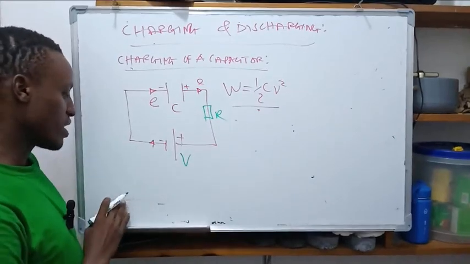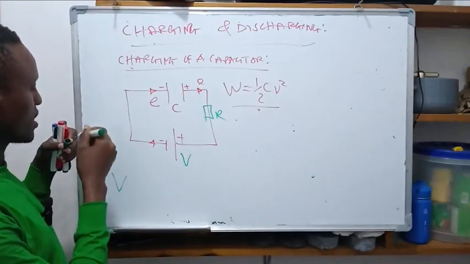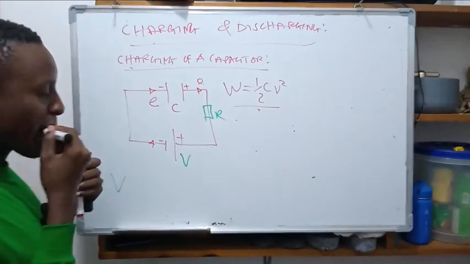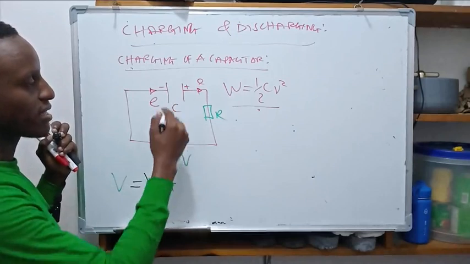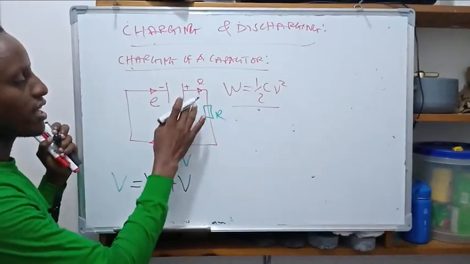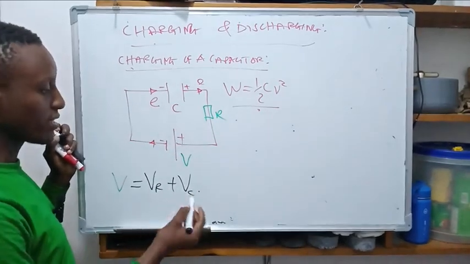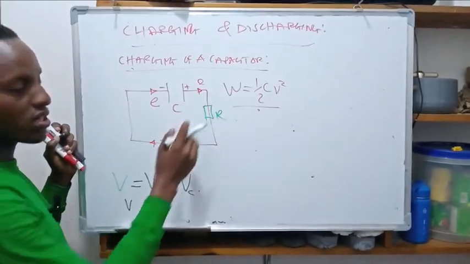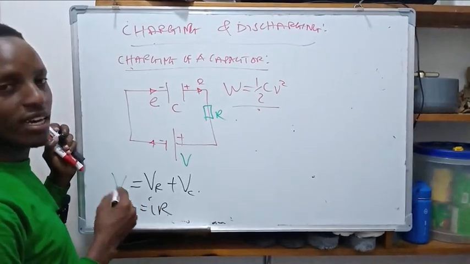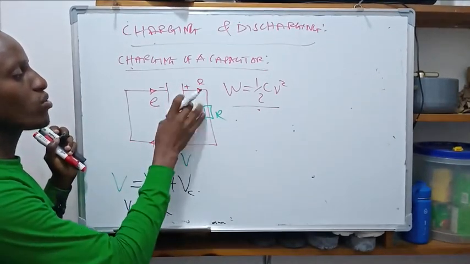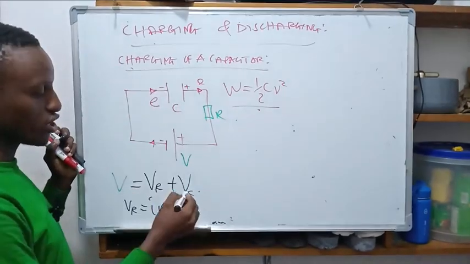Speaking about the voltage supplied by the cell, the voltage V is equal to the V across the resistor plus the V that will drop at the capacitor. Passing through the resistor, the voltage is always IR according to Ohm's law.